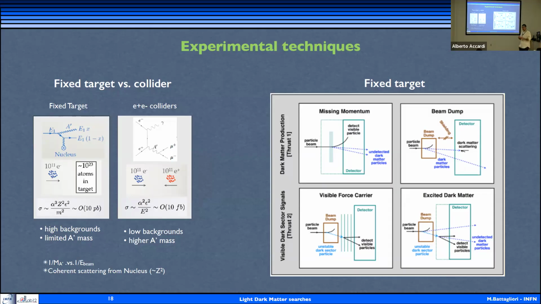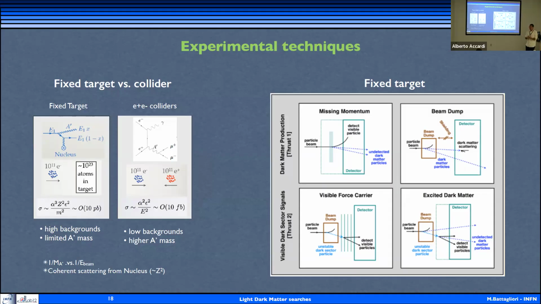Missing momentum is, again, tricky because you throw your beam on a target and you simply see the disappearance of something. Because if the particle has a weak interaction, you're expecting it to escape your detection. Okay, so you throw it and you are expecting to see the whole energy that you throw in, and you see a missing energy. So maybe you are producing something that escapes your detector.